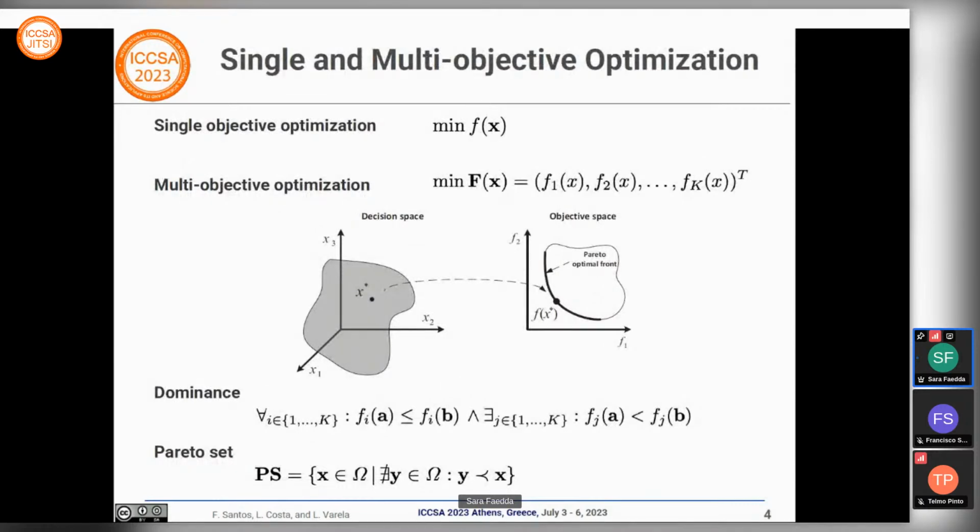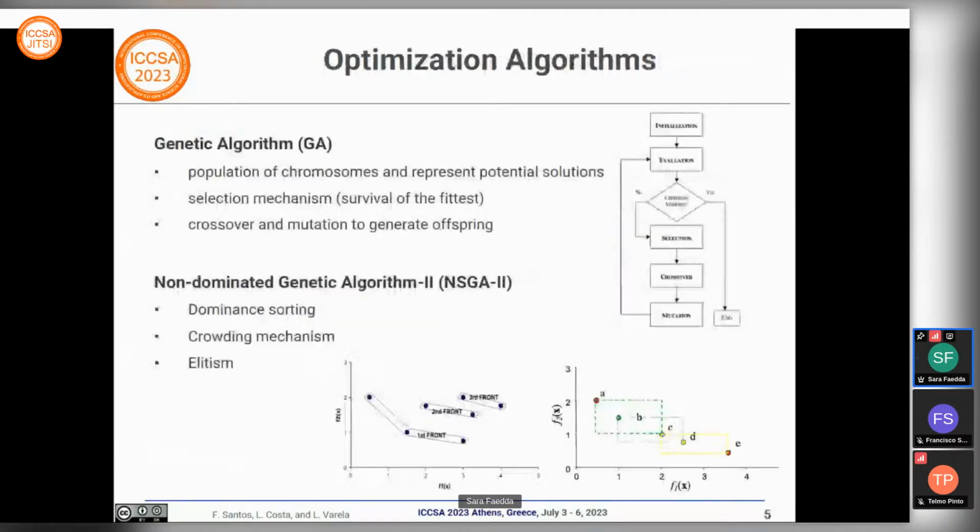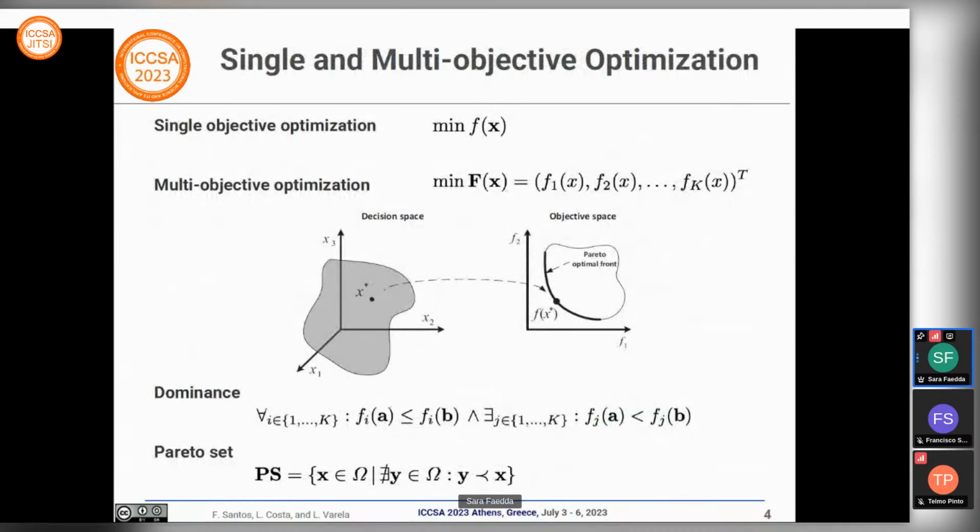I will not describe this because I think this is well known, but I will just remark that when we solve multi-objective optimization problems, we have several conflicting objectives. We are interested in finding the set of Pareto optimal solutions that define, in the objective space that is multi-dimensional, the Pareto optimal front. In this case, I'm just representing two objectives here.